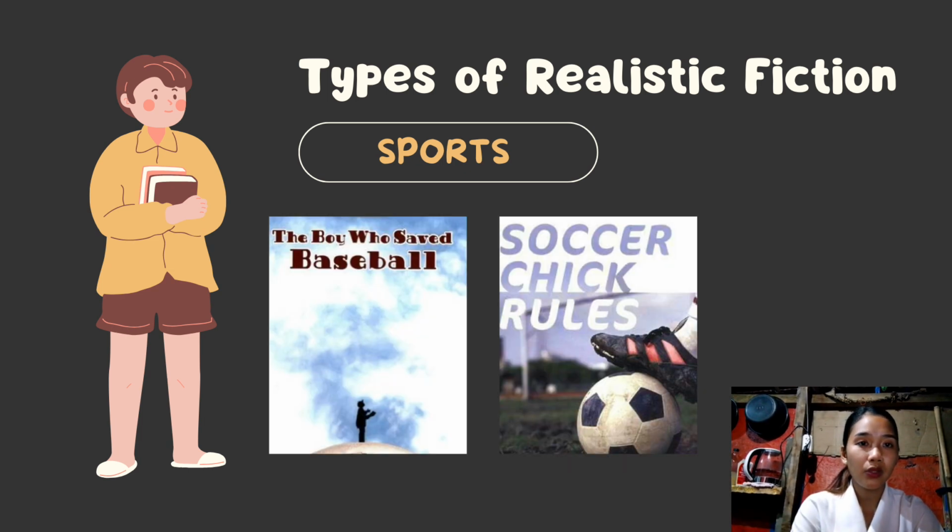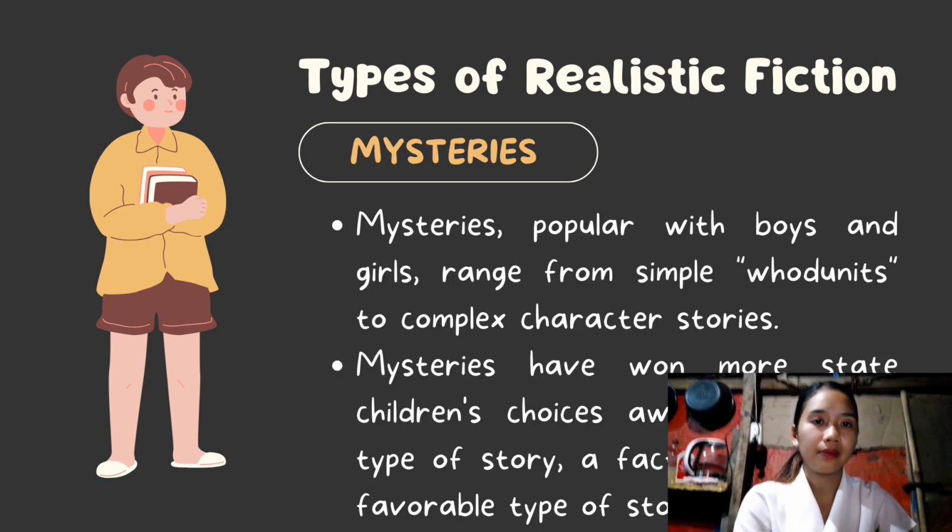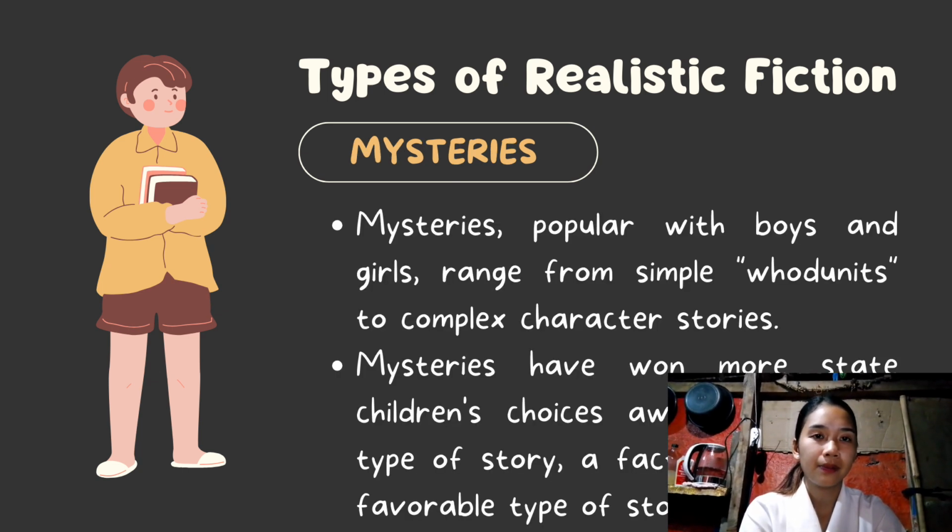These are examples of sports featuring in realistic stories: The Boy Who Saved Baseball and Soccer Chick Rules. And now we are done with the sports. We are going to tackle mysteries.